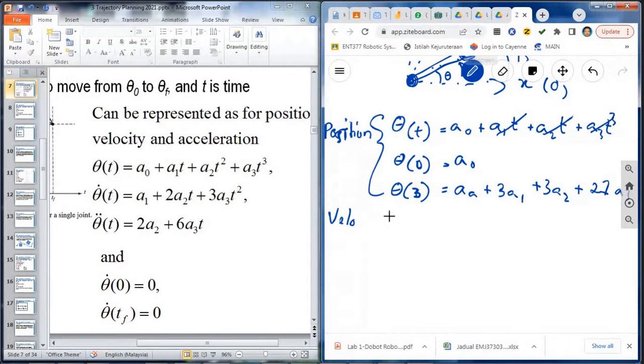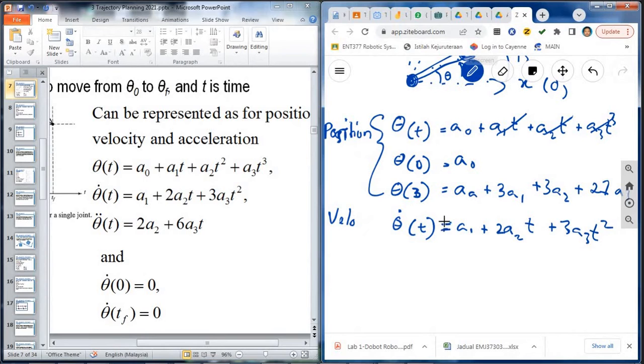Velocity, theta dot, at time t equals A1 plus 2A2t plus 3A3t power of 2.